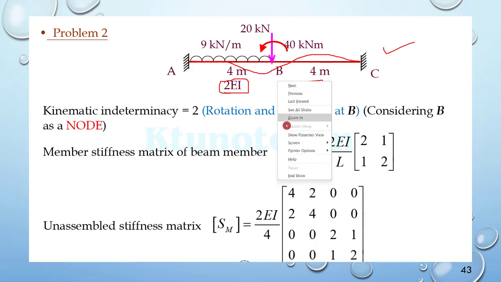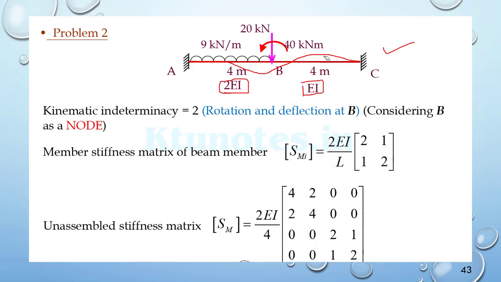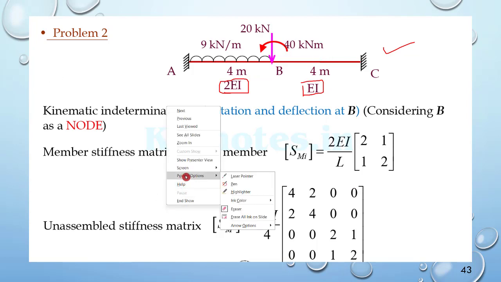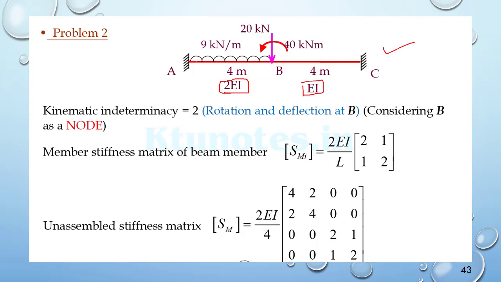Actually, there is some error in this one. It should actually happen exactly here, so that there will be rotation as well as displacement. So the kinematic indeterminacy is equal to 2, the rotation and the deflection at B, considering B as a node.